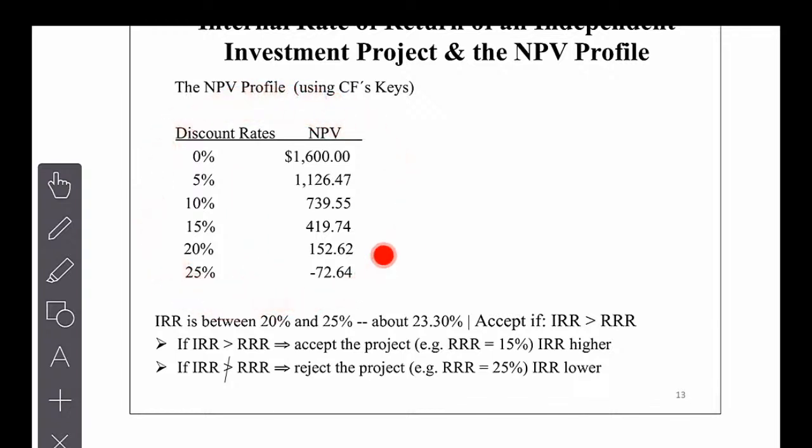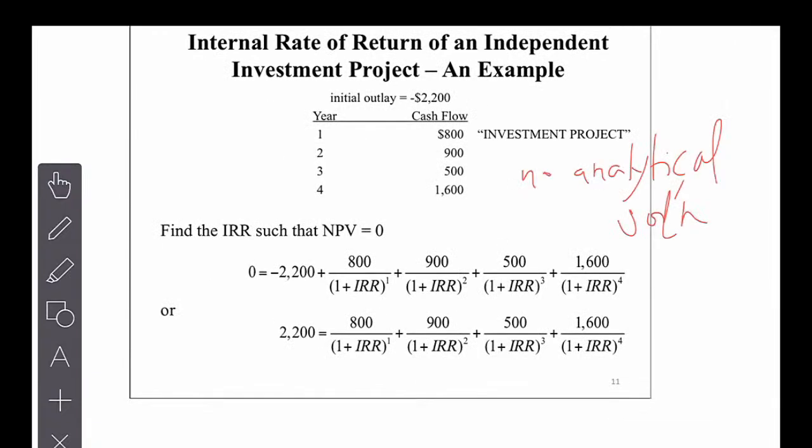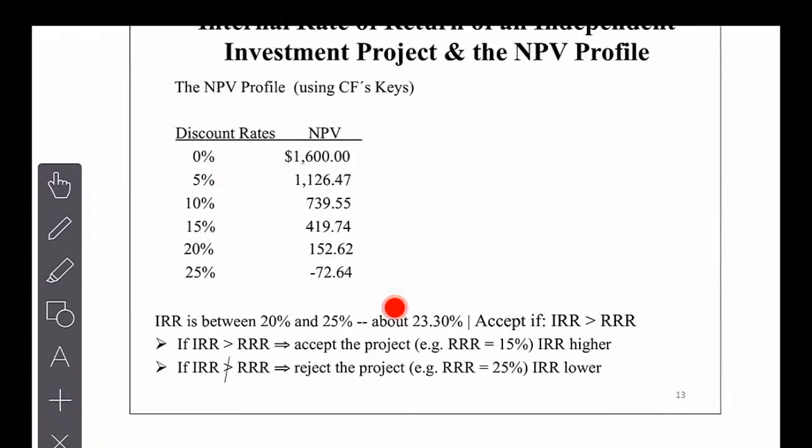Okay? So what I need you to do is take those cash flows here, the initial investment and these cash flows, and confirm to me that you can generate this table here by changing the discount rate each time. I'll give you a couple minutes.